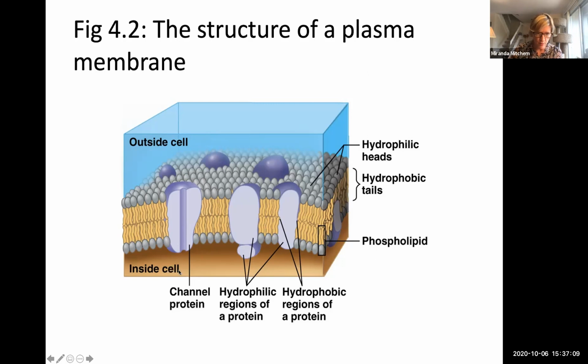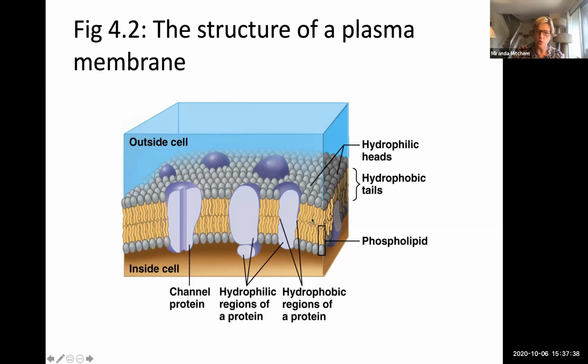So this channel protein, notice that it spans the entire membrane, and there is a tunnel in the middle of it that allows for fluid to move and whatever is dissolved in that fluid. So our channels are actually specific. These are proteins. So we have a channel for water. We have a different channel for other substances.